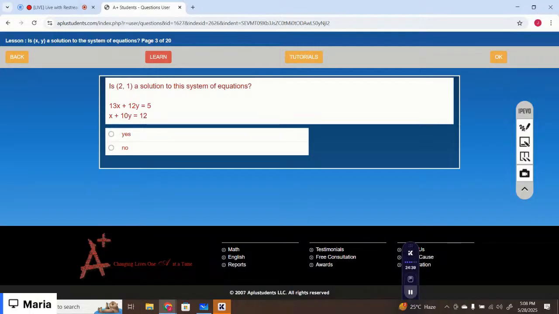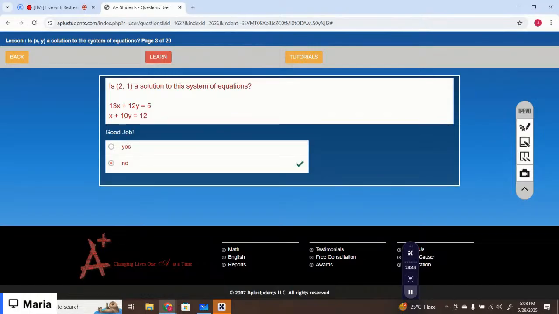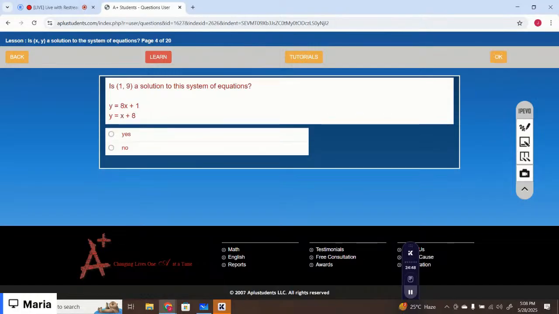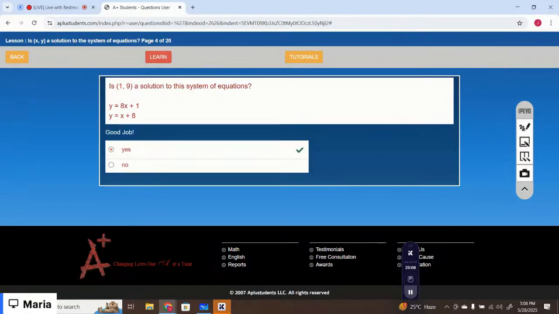The correct option is no, that is not the solution. Option number two is the correct option. Is 1, 9 a solution of the system of equations? So which is the correct option? The correct option is yes, 1, 9 is a solution to the system of equations. The correct option is yes.